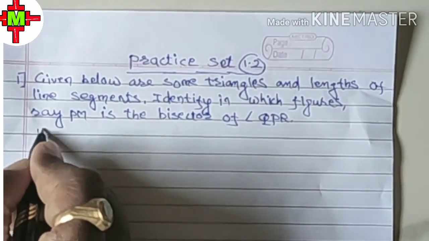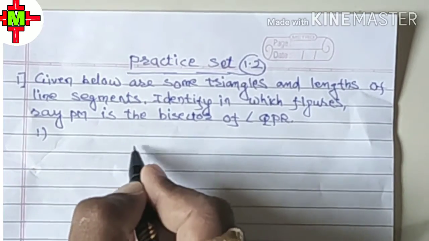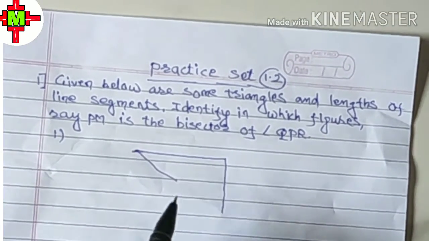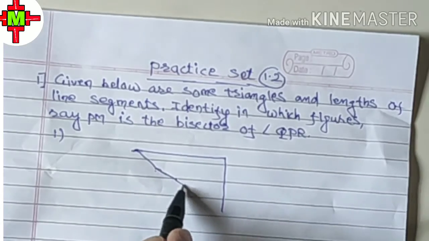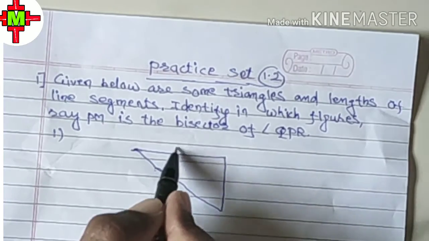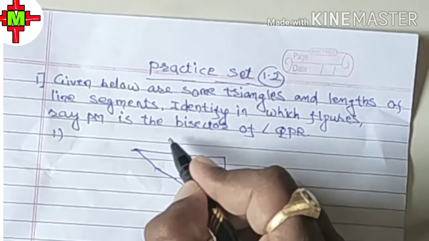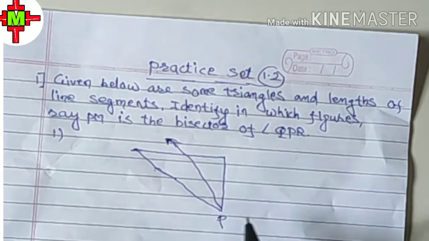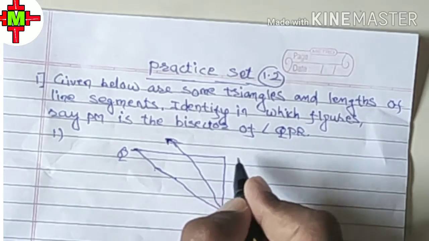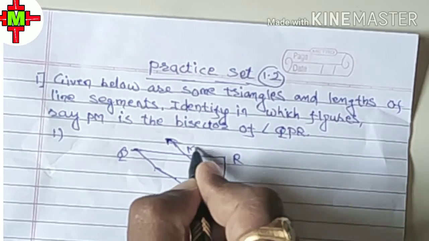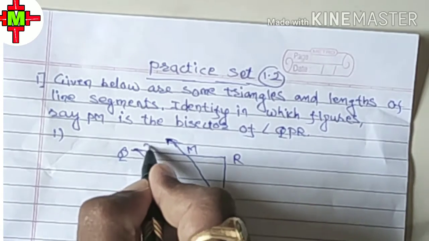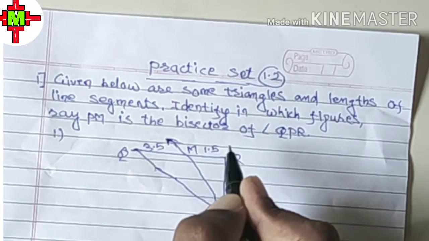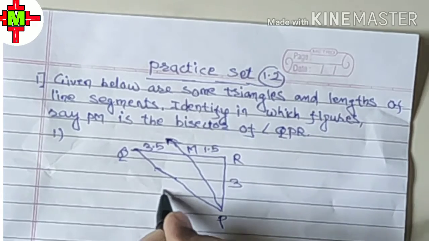The first figure is triangle PQR, with lengths 3.5, 1.5, 3 and 7.